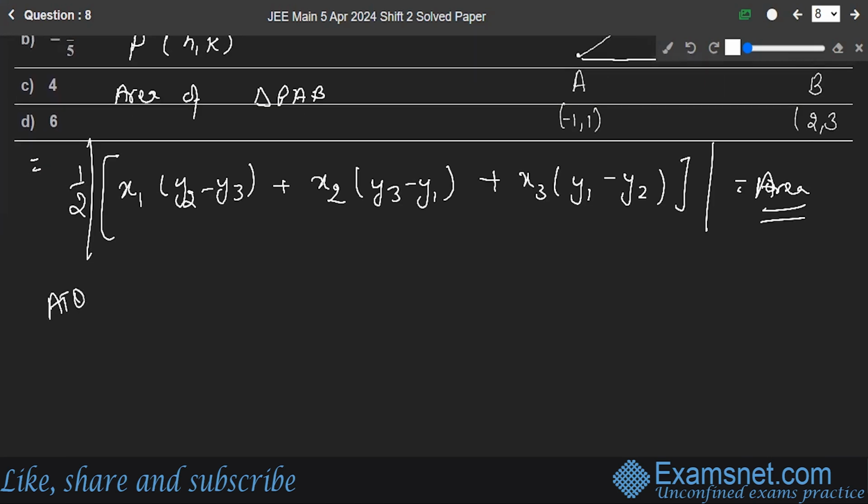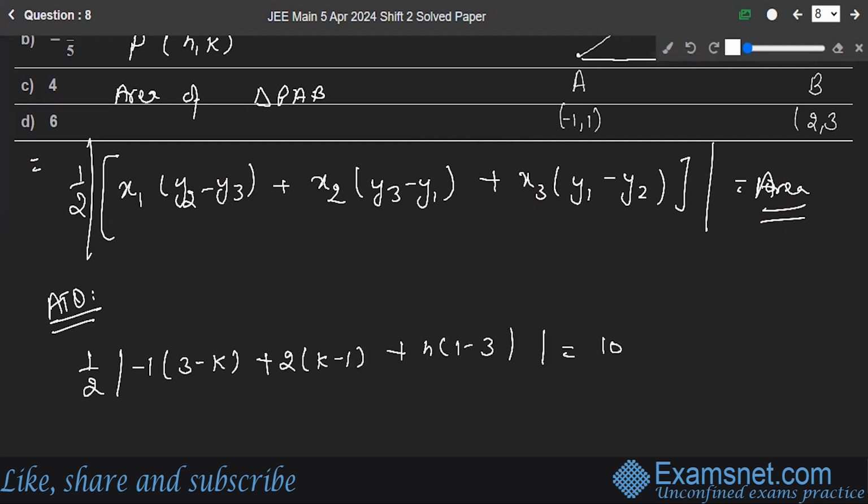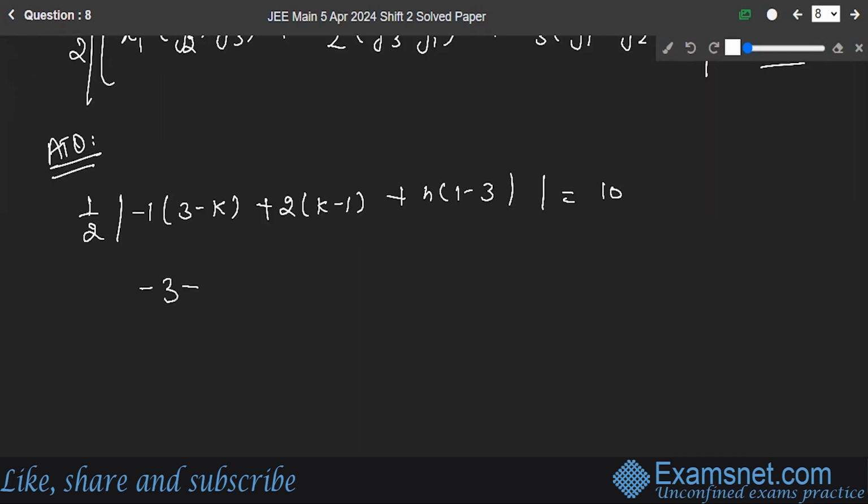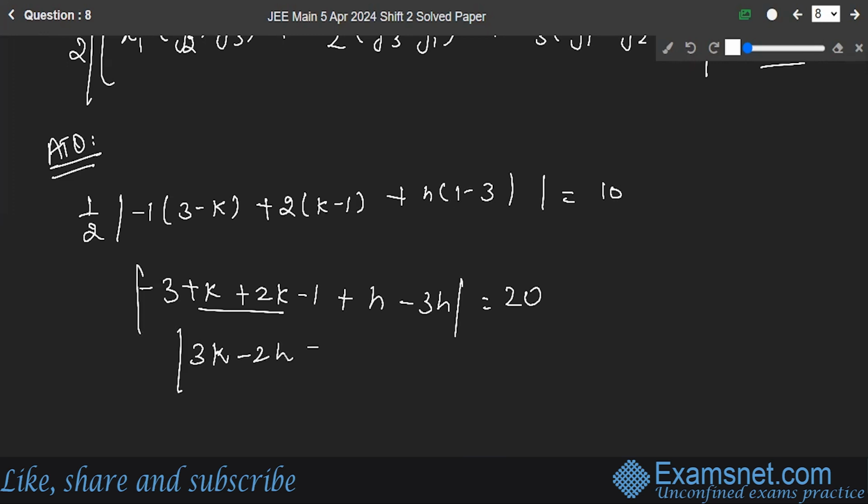Now, according to the question, if I'm filling in the coordinates, this will be half magnitude minus 1, 3 minus k, 2, k minus 1, h 1 minus 3 modulus, this is equal to 10, or this will be minus 3 plus k plus 2k minus 1 plus h minus 3h, this is equal to 20. Okay, so this will be 3k minus 2h, here is the modulus, and minus 5.